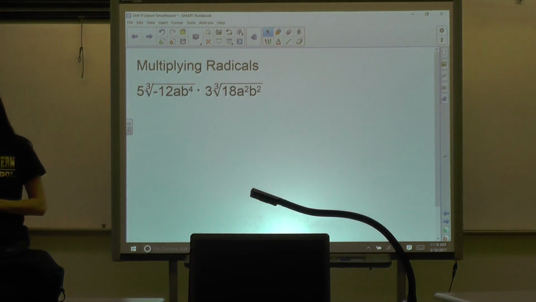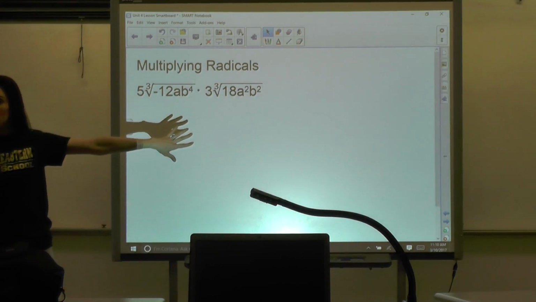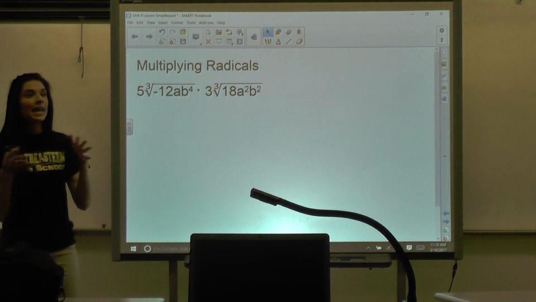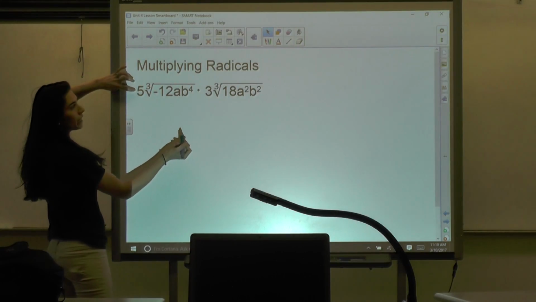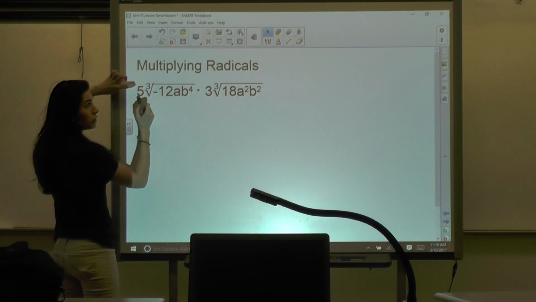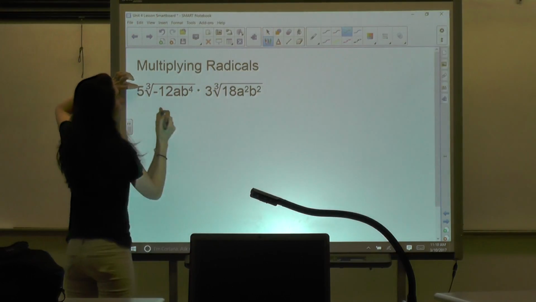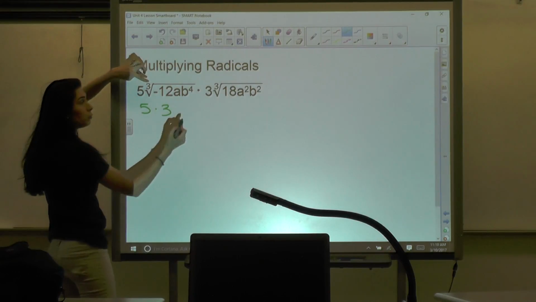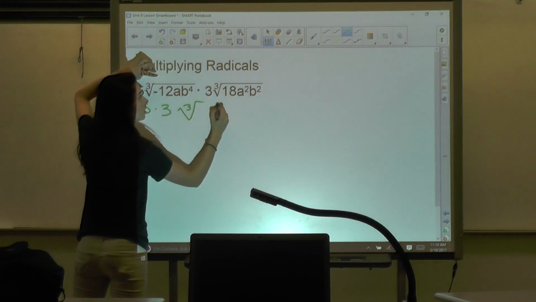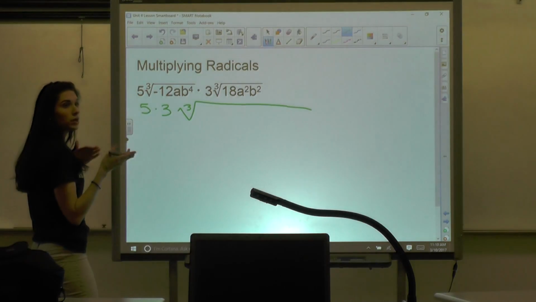So multiply radicals. This is the easy part. Remember, inside times inside, outside times outside. I'm going to do outside times outside first. So, 5 times 3, this is a cube root. Inside times inside, I'm going to put numbers and letters together.